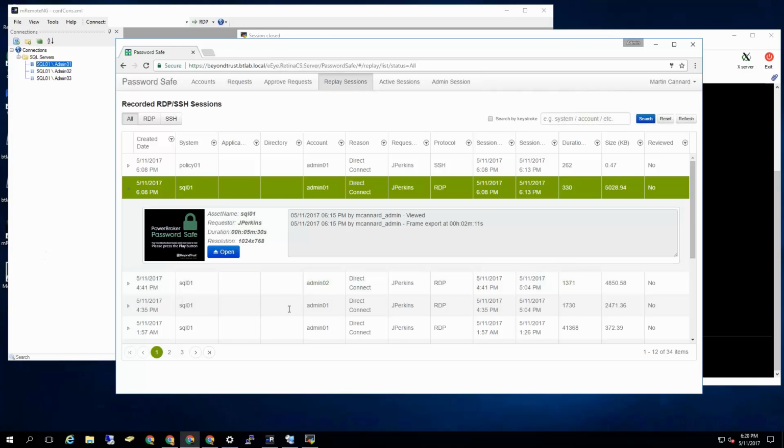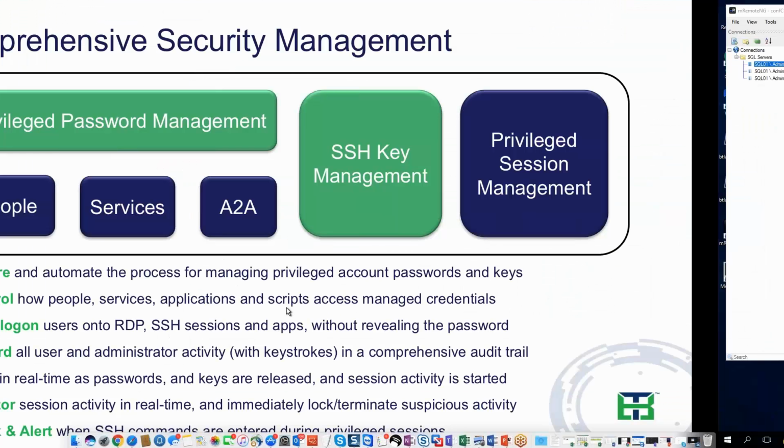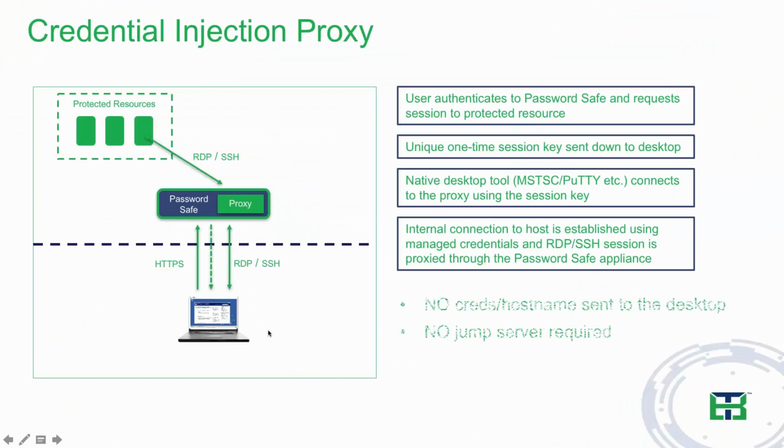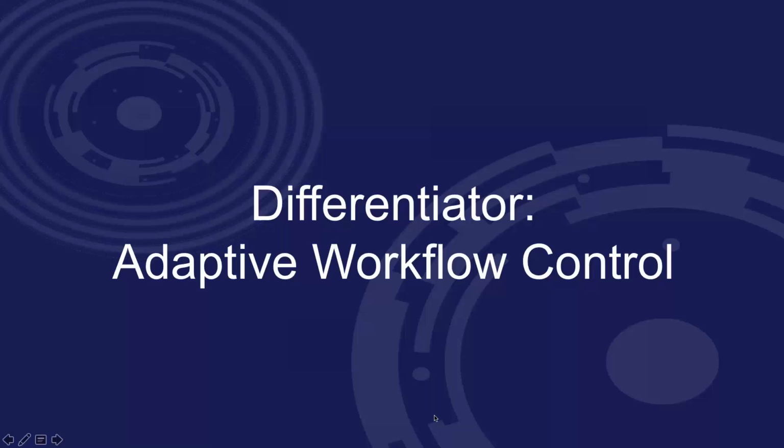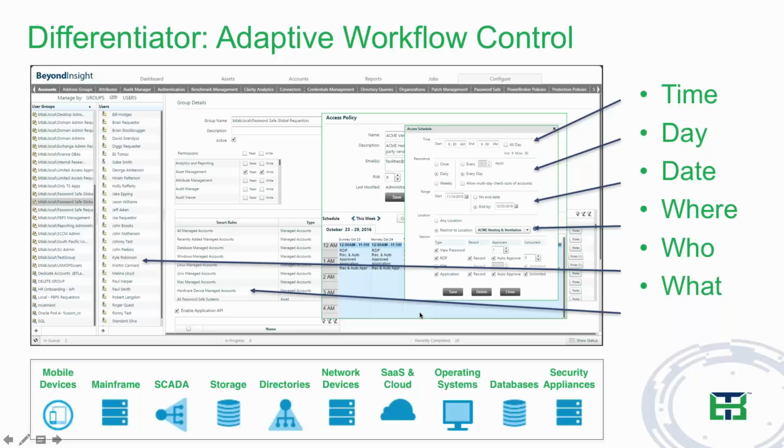Now, one of the things I want to run through is where we are from a product perspective. We talked a little about access policy, but this is absolutely key in my mind, because the days have gone where we used to give access to Bob to log on between the hours of 9 to 5, Monday to Friday.